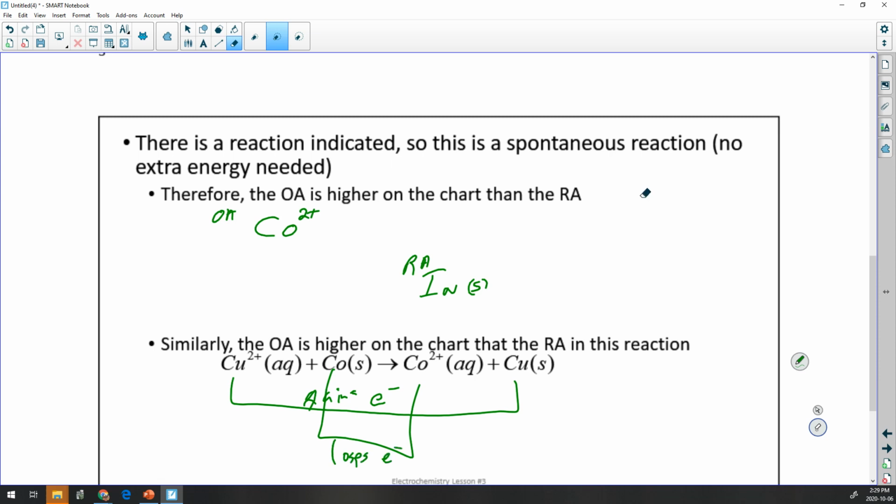So again, here is our OA, the copper 2 plus. Here is our RA. Once again, this is a spontaneous reaction. So I would arrange this with my copper 2 plus being above my cobalt solid on my table. Now keep that in mind. We'll do the table in a minute.